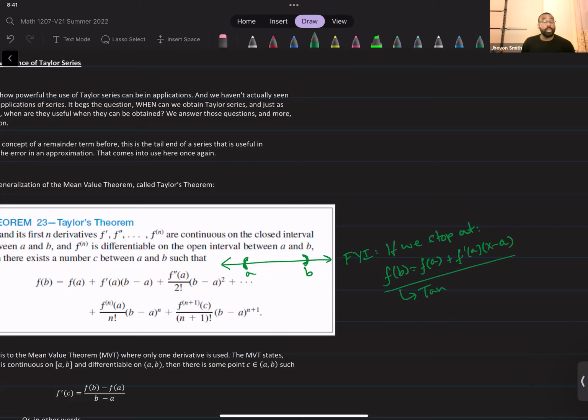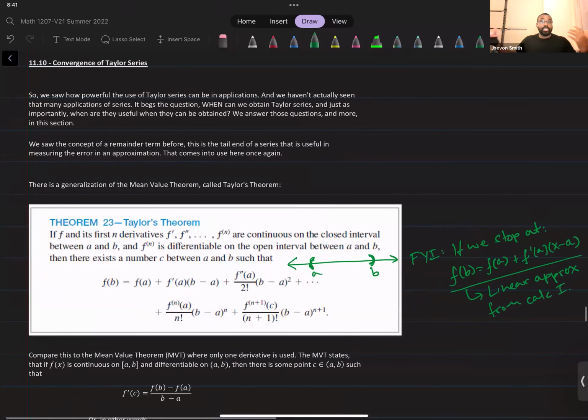So there are linear approximation from Calc 1. But essentially, you can actually extend this idea to talk more generally about things. And you can extend this in terms of multiple derivatives.